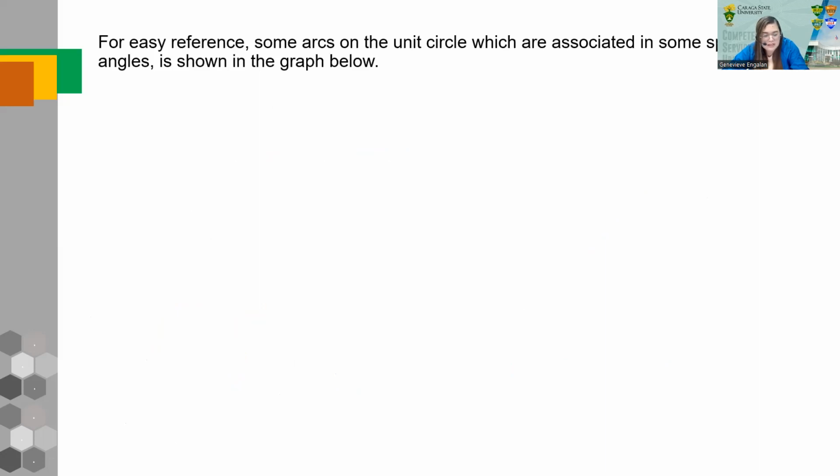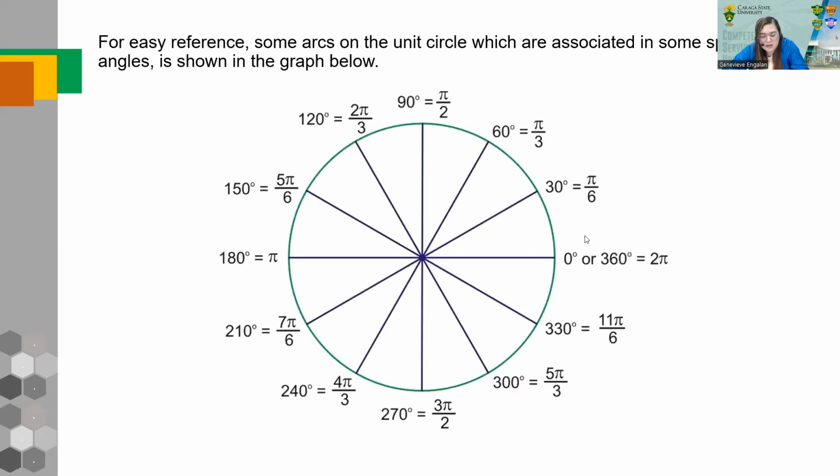Counterclockwise direction. For easy reference, some arcs on the unit circle associated with special angles are shown in the graph below. I hope you know that 0 to 180 is pi. If we divide by 30, we get six parts of pi, so that is pi over 6, 2 pi over 6, 3 pi over 6, up to 6 pi over 6, then 7 pi over 6, 8 pi over 6, and so on.